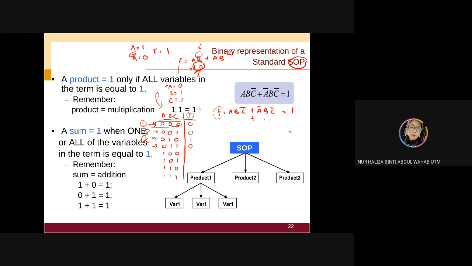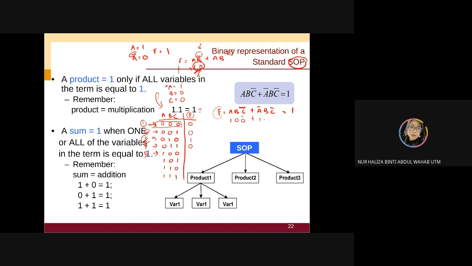So now I have the fifth one. I have the condition of 1, 0, 0: 1 for A, 0 for B, 0 for C. So I apply it into the Boolean expression. A will be 1, B will be 0, C will be 0 with the bar.